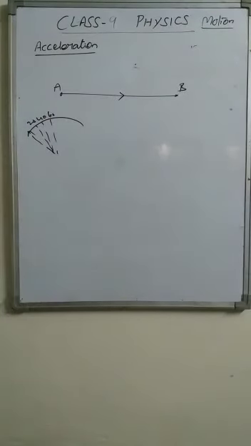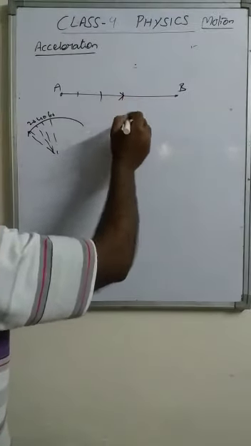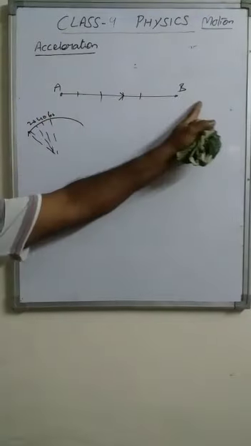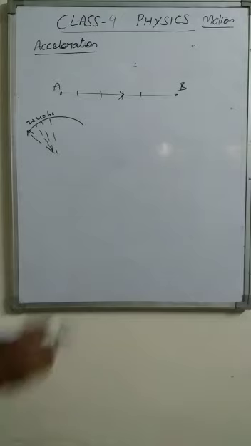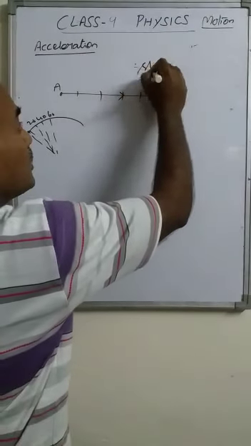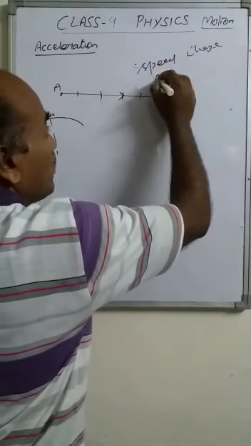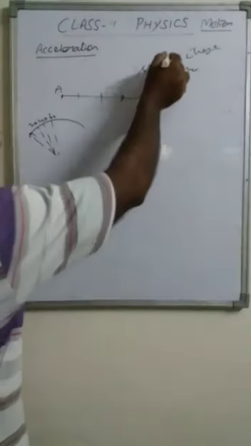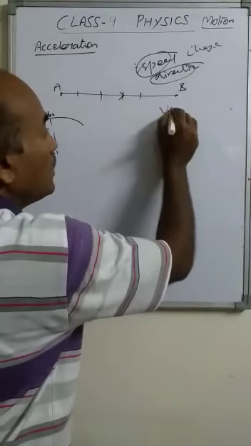So in the beginning, its speed was 20, then it became 40, then 60, then 80. So continuously the speed is increasing, but the direction is constant, moving along the same straight line. So the speed changes, direction constant. By combining the speed and the direction, we get the velocity.